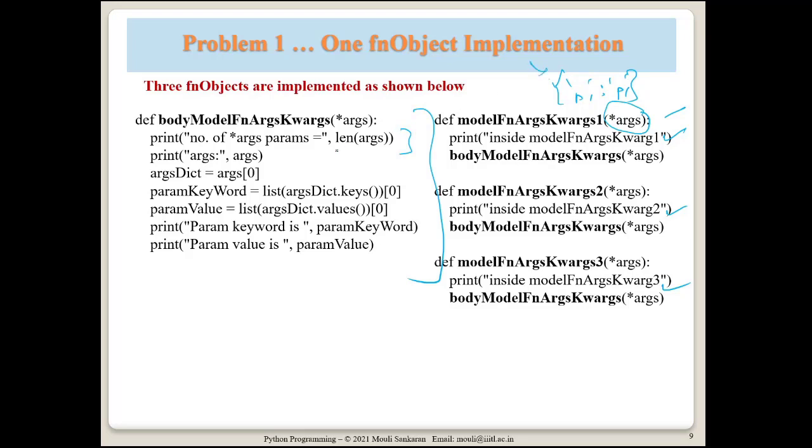This is a dictionary element, and then it is printing those values. So whatever you are passing, p1 capital P1 or p2 capital P2, p3 capital P3, will be printed when these functions execute. Okay, so this is the body of the function.